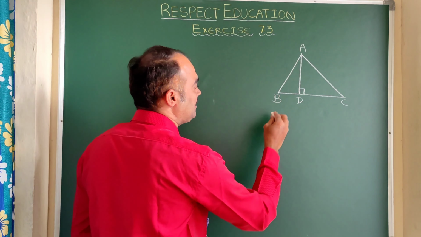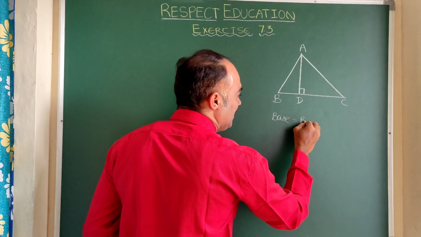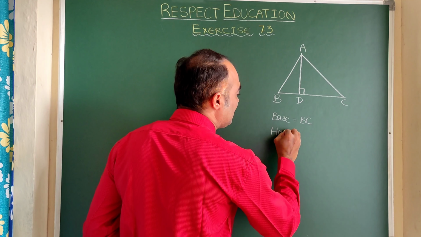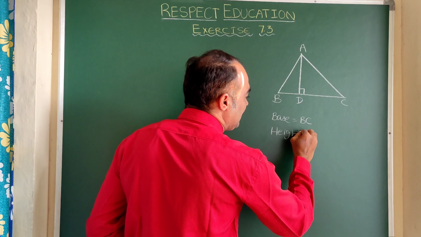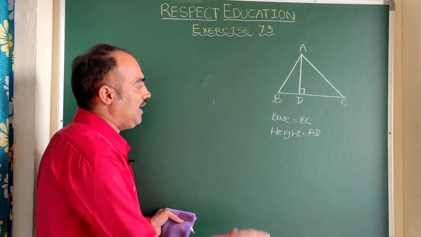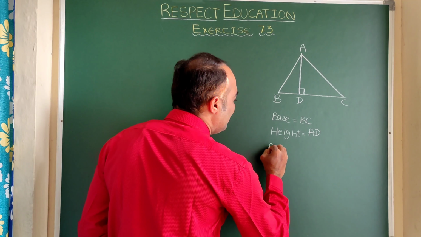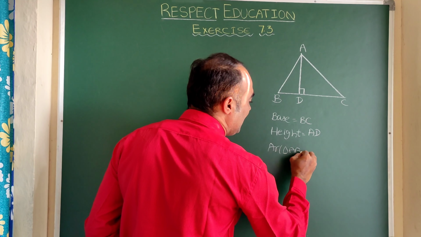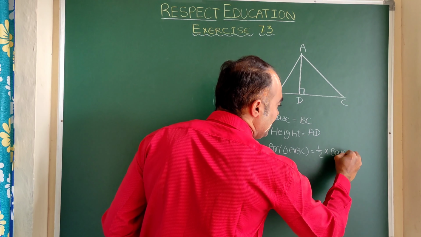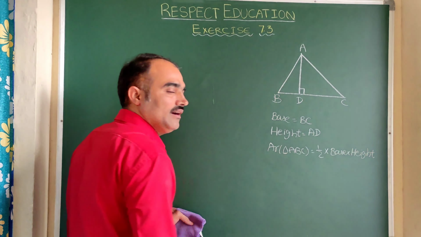So in this case, what is the base? Base is BC. What is the height? Height is nothing but altitude, that is AD. When height and base both are known to us, then we can find the area of triangle ABC as half into base into height, right?